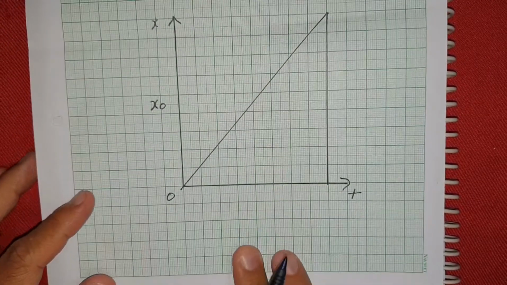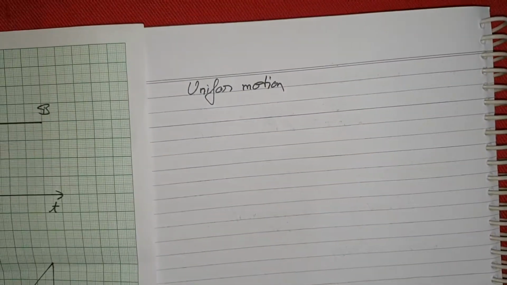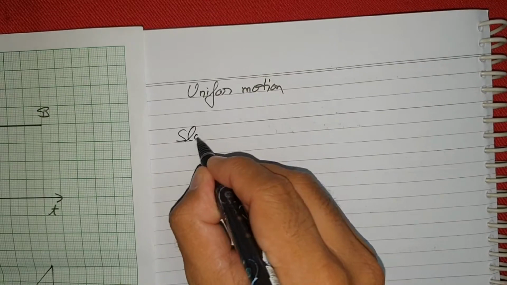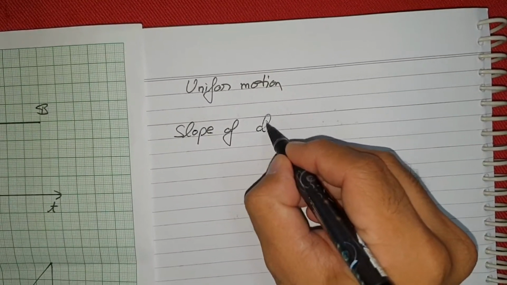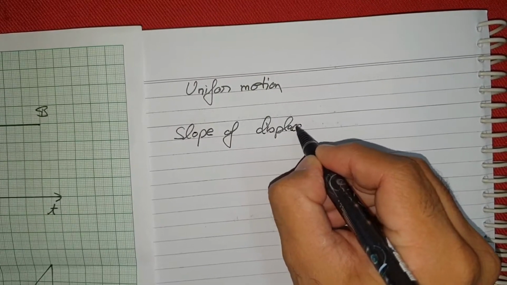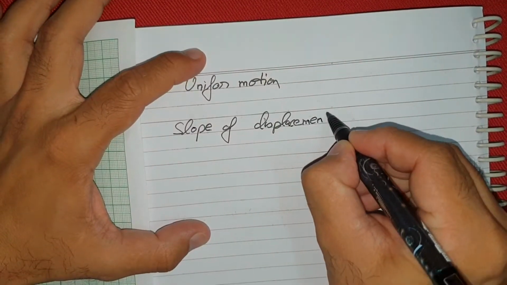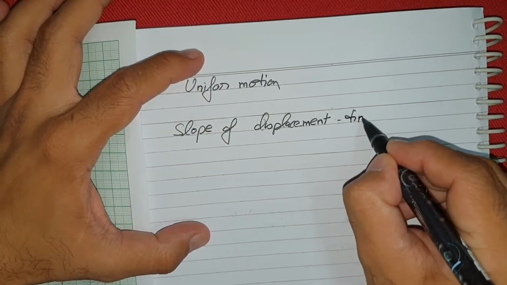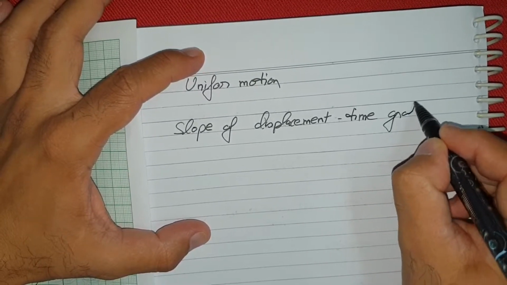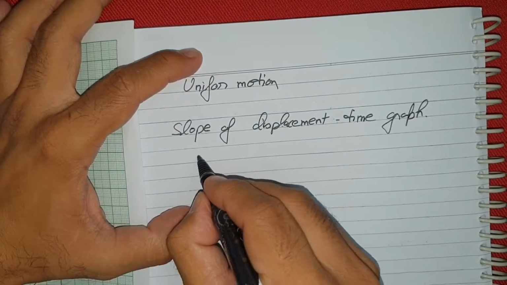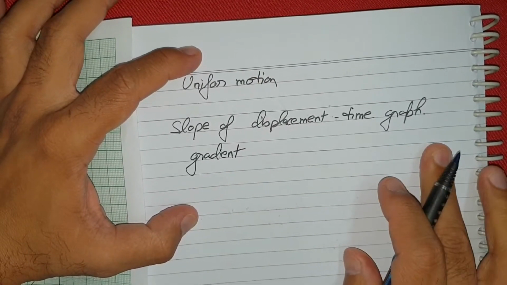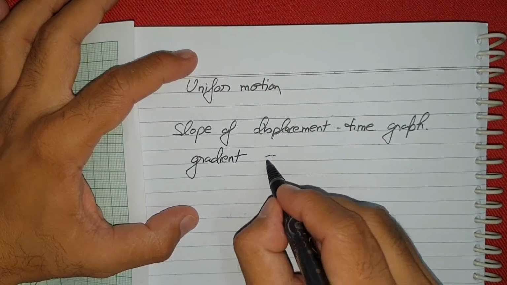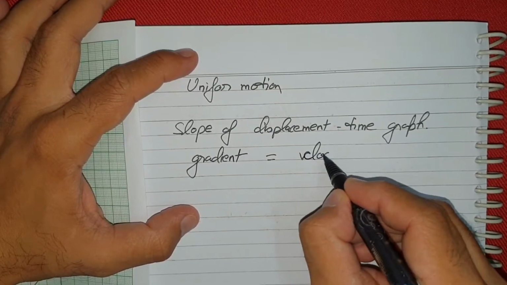So, the slope of the displacement time graph, you should know this, the slope of the displacement time graph is also known as gradient. The slope of the displacement time graph or the gradient gives you the velocity.